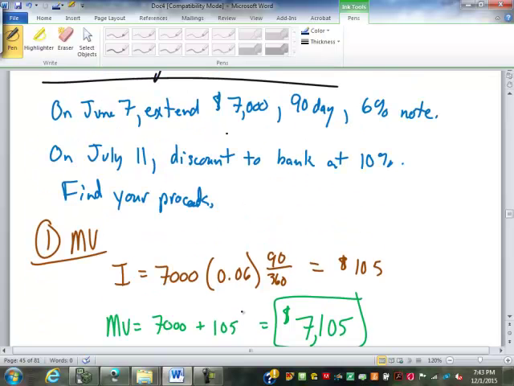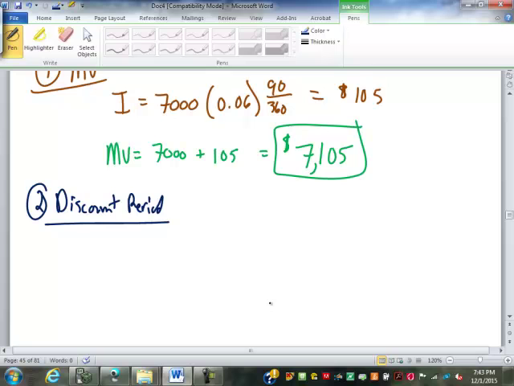Well, from June 7th to July 11th is 34 days. Remember, on page 396 you have that calendar table in the book if you need to look up the days to figure that out. But trust me when I say it's 34 days.